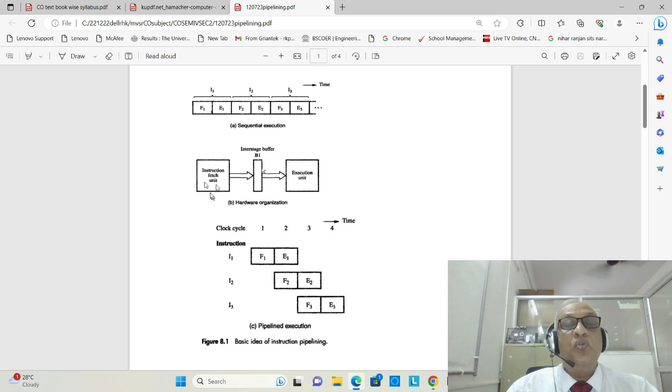Now you have two separate hardware units for fetch and execute, as well as an interstage buffer called B1. Let us say an instruction is fetched. That fetched instruction will be kept in the buffer B1, and at the same time some other instruction is being executed, and as this becomes empty, another fetch can be brought. So this facilitates pipelining.